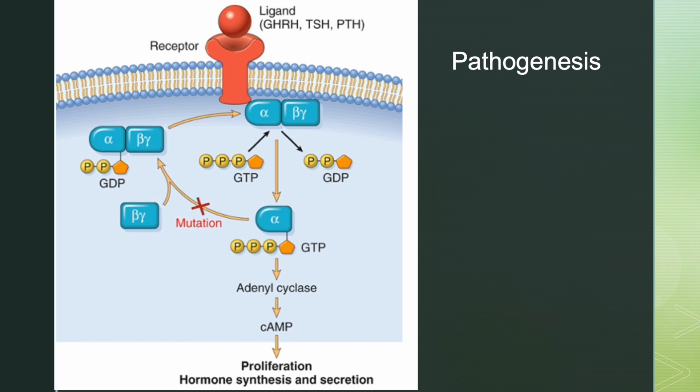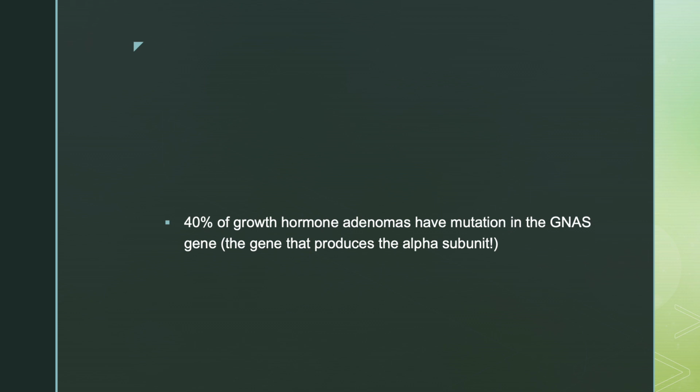Now, if mutation happens in the alpha subunit of the G protein, which is one of the most common mutations affecting the pituitary gland, this results in constitutive activity of the G protein without the need for a ligand. This results in unchecked proliferation and the growth of these cells. 40% of growth hormone or somatotroph adenomas actually have mutations in the GNAS gene.